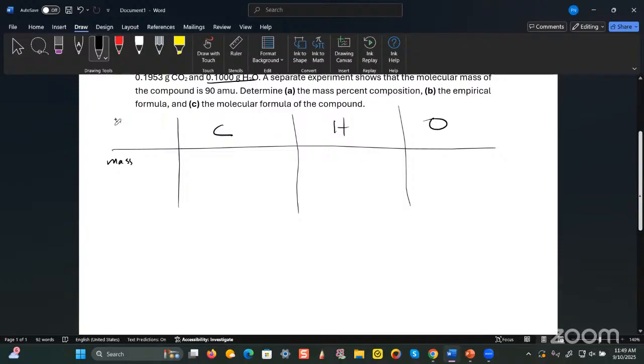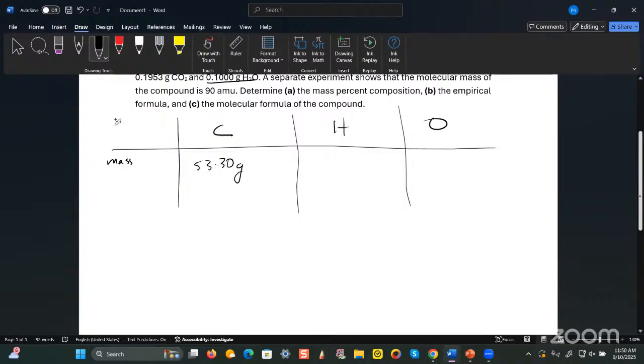So I'm going to need you guys to remind me, what was the percentage we calculated for the carbon? 53.30. All right, so I'll express that as grams.